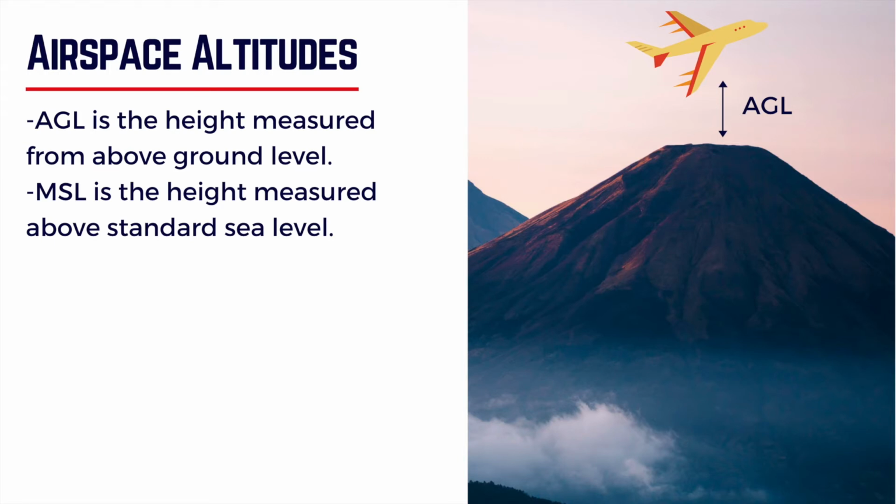So technically, that aircraft would be 600 feet above sea level because it's measured from the standard sea level number. It's no longer measured from above ground level. These are the two different altitudes that you will see when we deal with the different types of airspace altitudes.